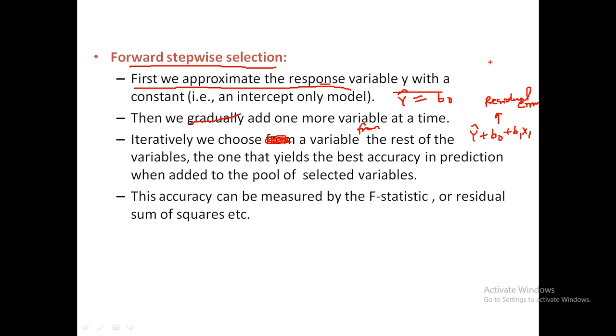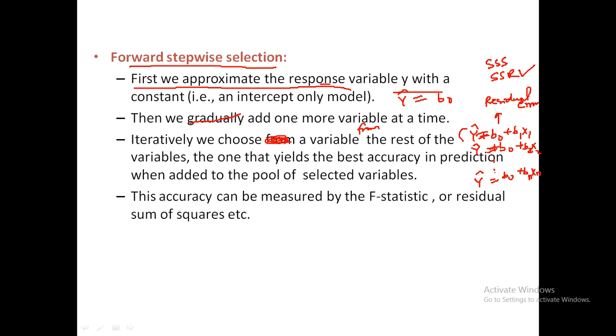Like either SSE or SSR, SSR you can compute. Again you add y cap = b naught + b2 x2, and this way b naught, b and xn.